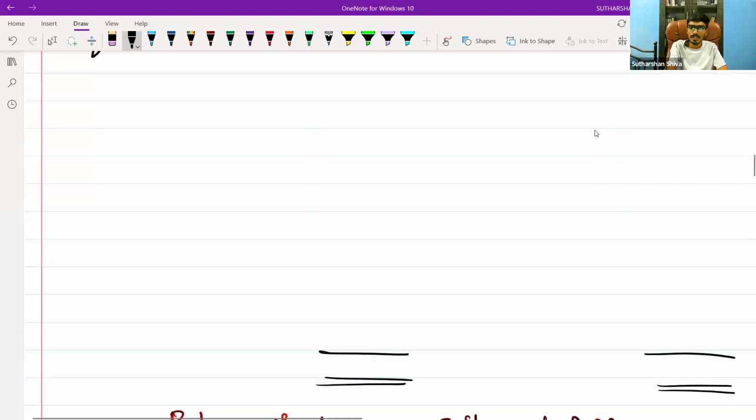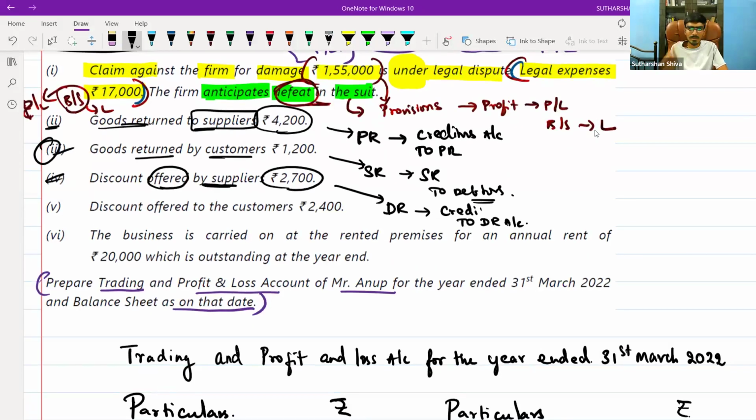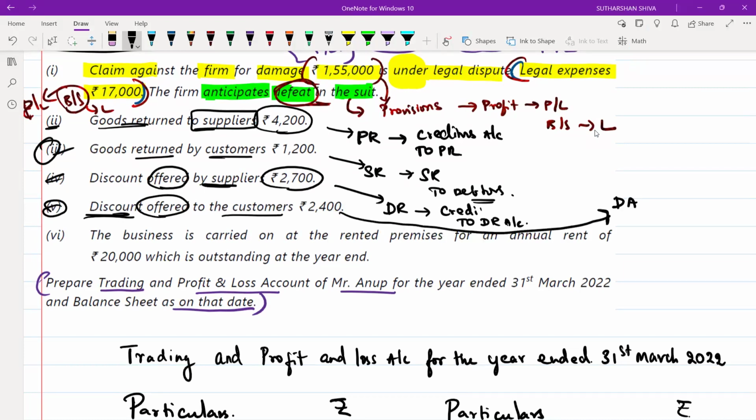Next. As of now, no cash transaction has been affected. Already cash is done. Only one adjustment is left. Next, discount offered to customers, the fifth one. Discount allowed or discount received? Discount allowed. What is the journal entry?